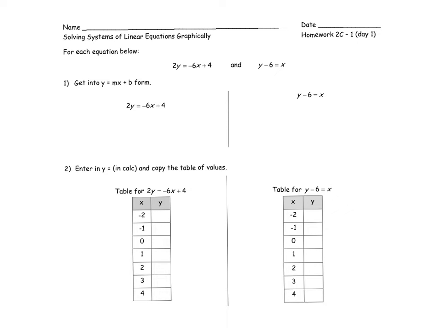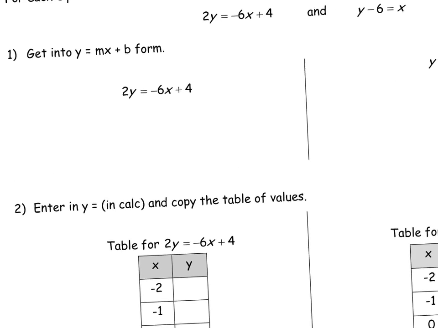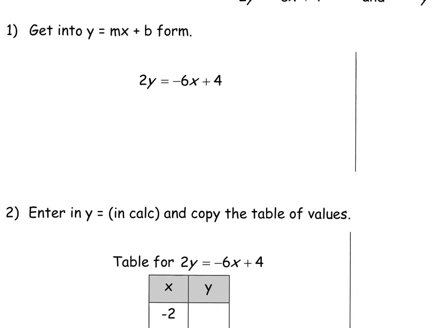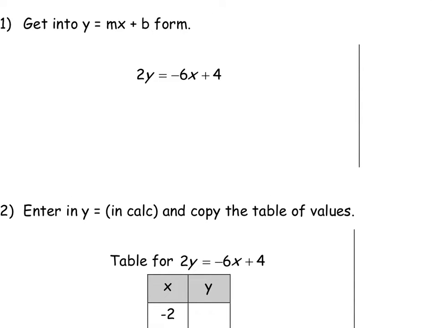Now forgive me, I just need to make this a little bit bigger so I'm not so sloppy. Okay, so here, I want to isolate the y, so I'm going to divide everything by 2. So 2 cancels out, so you're left with y is equal to negative 3x plus 2.